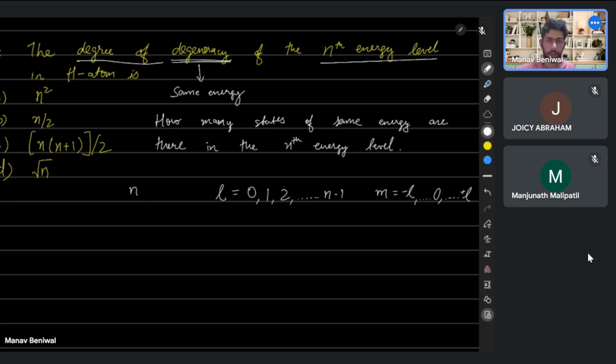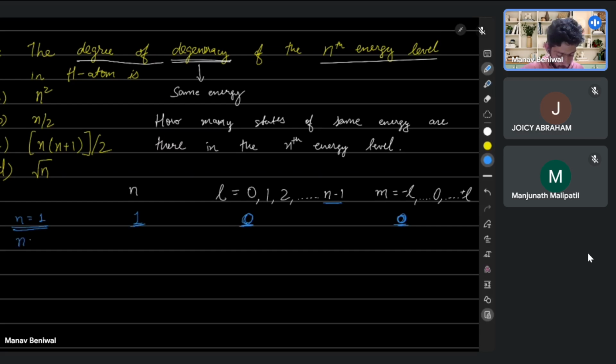So for example, if this is your first energy level, so if n is equal to 1, then this is just 1, right? And L is only 0, right? Because it has to go only up to n minus 1, and your m is also 0. So how many states are there in total? One, just one state, right? You have only one possible value of n, one possible value of L, and one possible value of m.